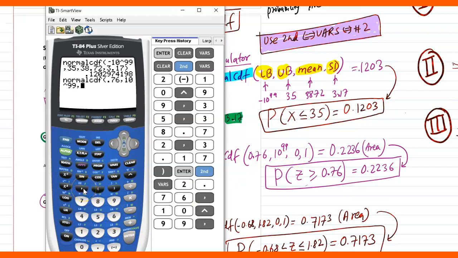Comma, the mean 0, comma, standard deviation 1. Close. Therefore, when you enter, you get 0.2236.